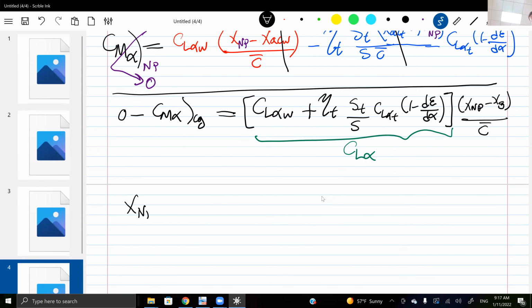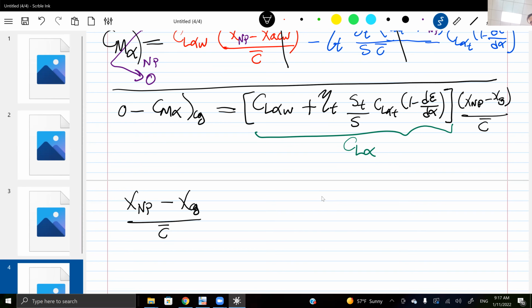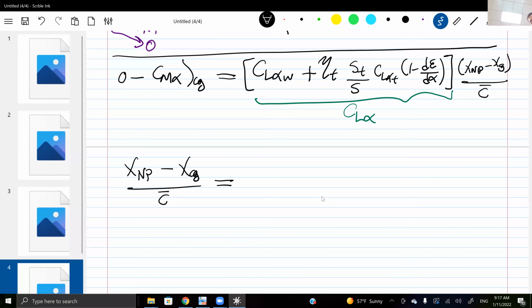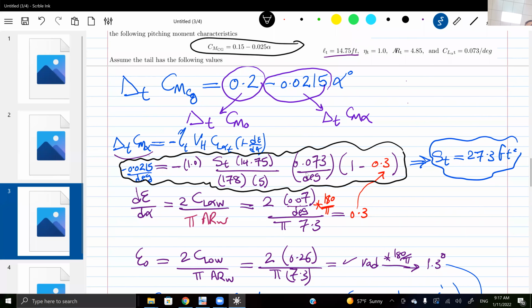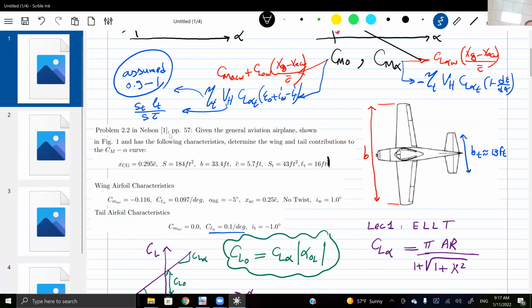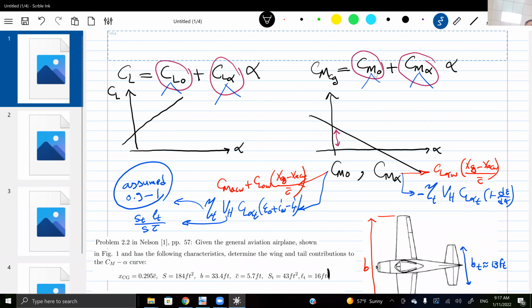So the neutral point that you're interested in, the aerodynamic center of the entire airplane, must have some good meaning. This is negative Cm alpha over CL alpha for the entire airplane. If you give me the two important figures that we started the lecture with, the lift characteristics and the moment characteristics, they are both linear in our region of interest, small angle of attack.